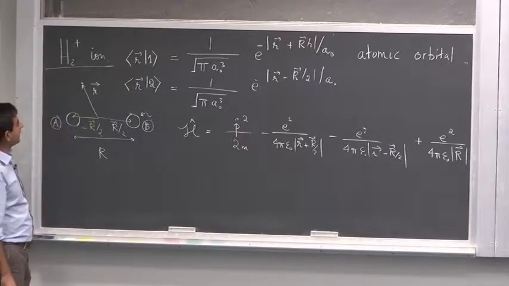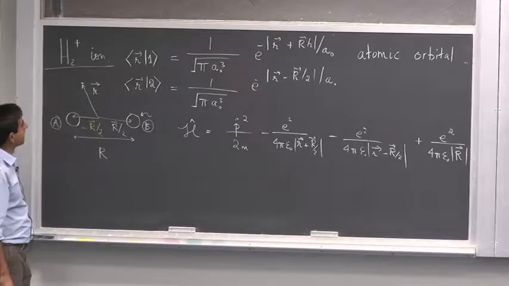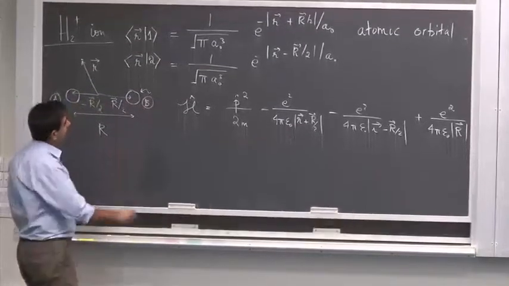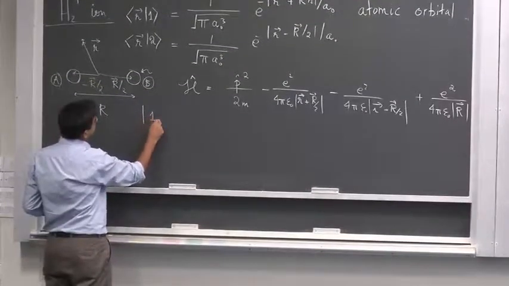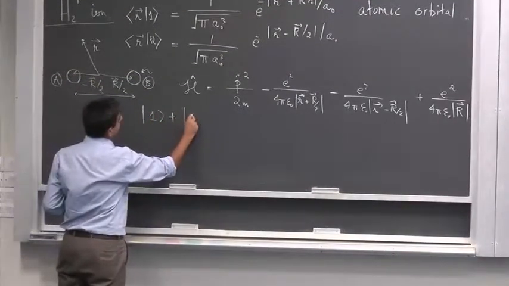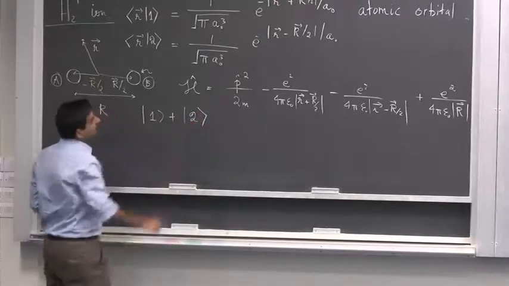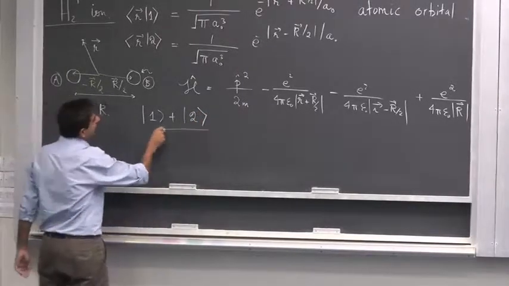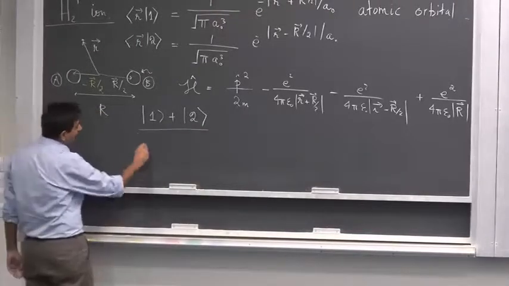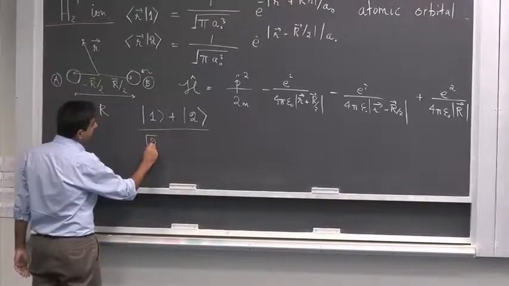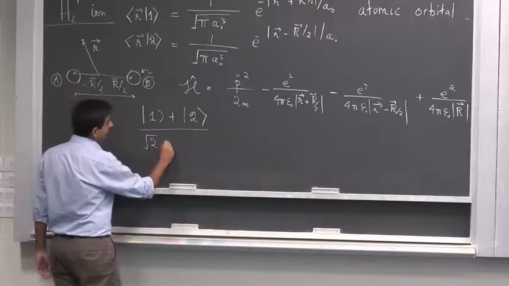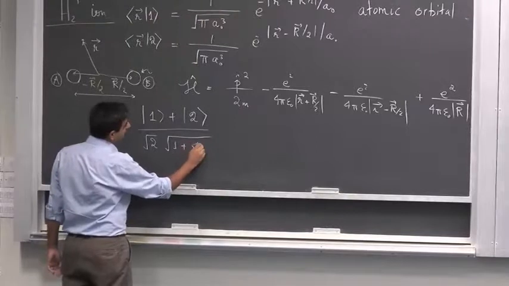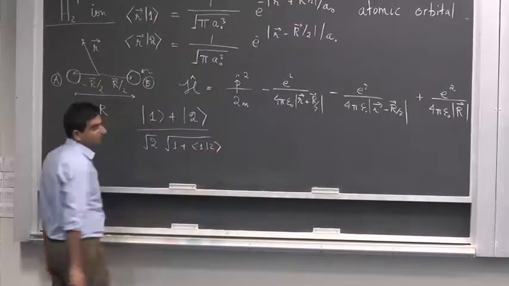We found that the two eigenstates are given by combinations of 1 and 2. So this is one eigenstate, and we need to normalize it. When we normalize this, we obtain the normalization factor 1 plus the overlap of 1 with 2.